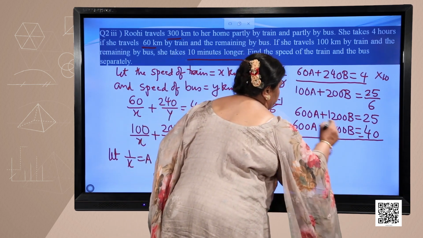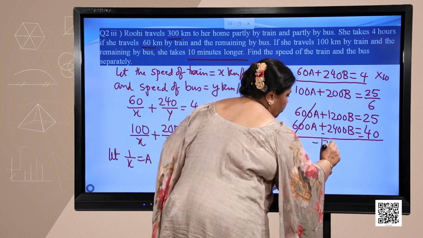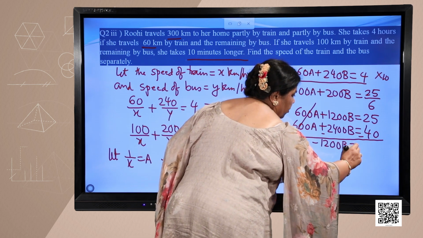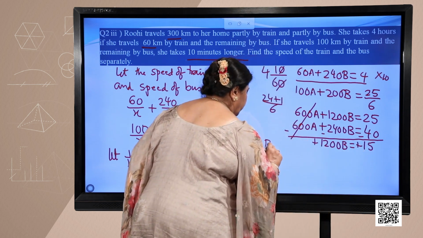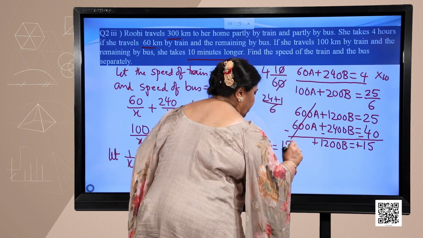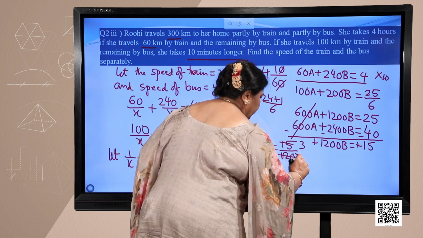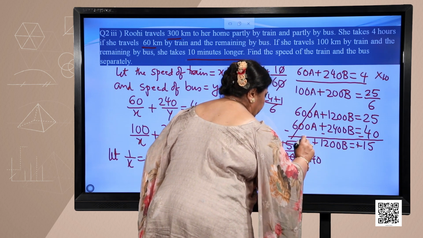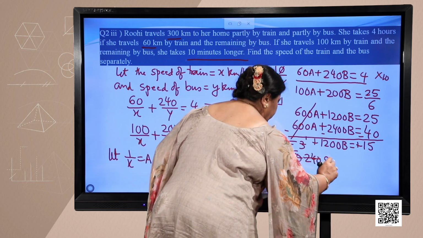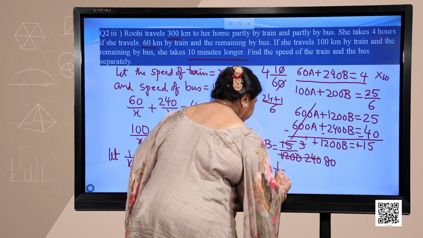So, 600a minus 600a gets cancelled, minus 1200b is equal to minus 15. So, b is 15 upon 1200, so again we can cancel. So, very good, b is equal to 1 upon 80.